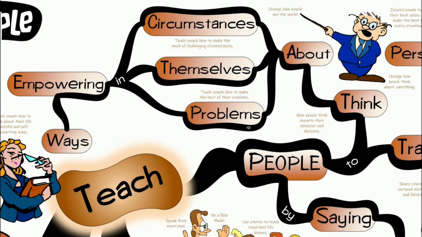Effectively, what we want to do, our main objective, is to inspire people to think about their circumstances, themselves, their problems, their life in empowering, helpful, and optimal ways. So we need to be able to use stories.